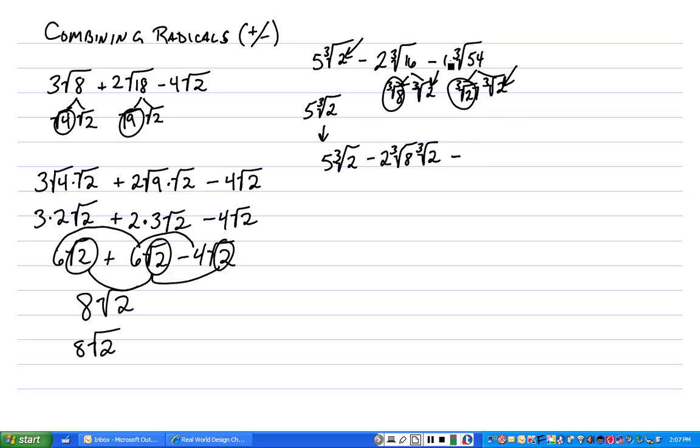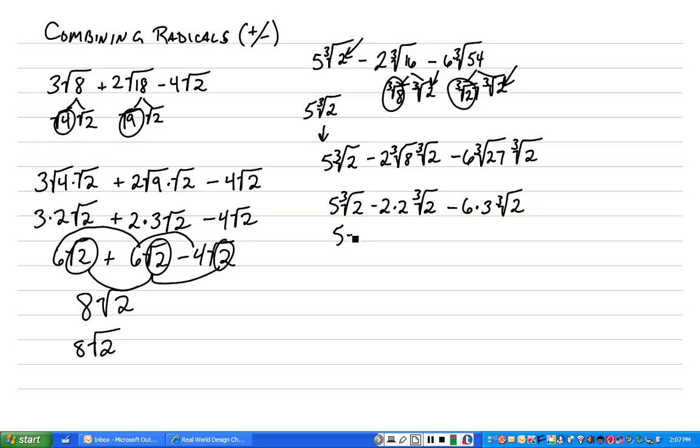Forgot my 6 right here, so I keep my 6 there, and then I'll write my cube root of 27 and my cube root of 2. Alright, because 2 times 27 is 54, 2 times 8 is 16, 2 stays the same. Alright, so 5 cube root of 2 minus 2 times the cube root of 8, which is 2, and you're left with cube root of 2, minus 6 times the cube root of 27, which is 3, and you're left with cube root of 2.